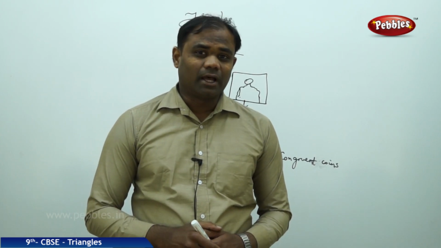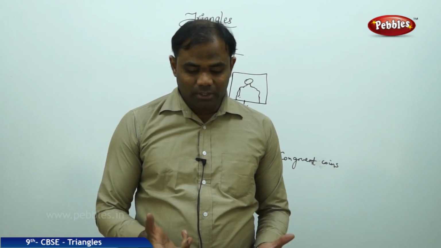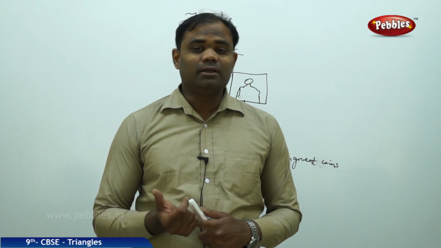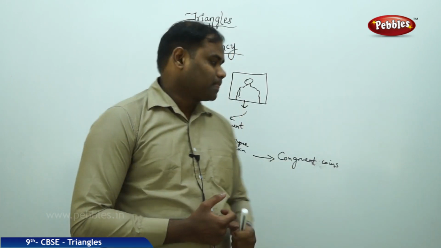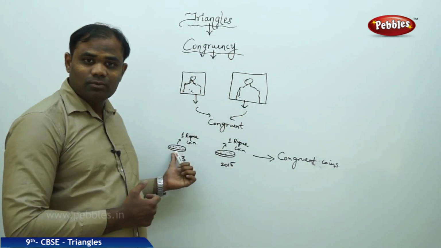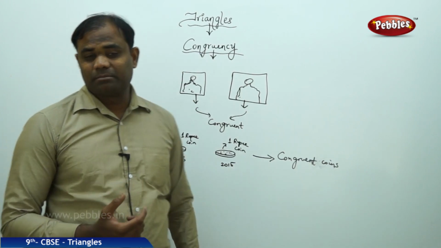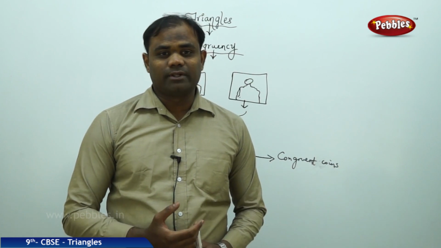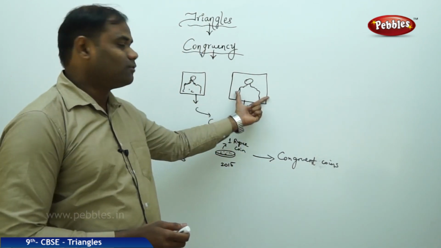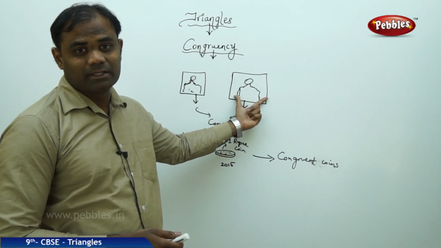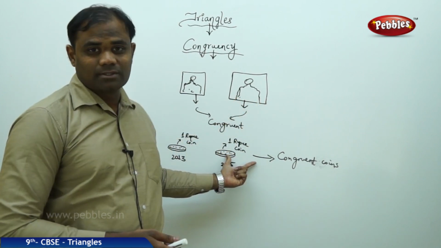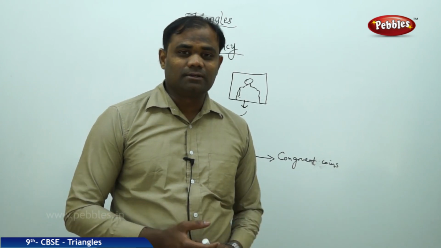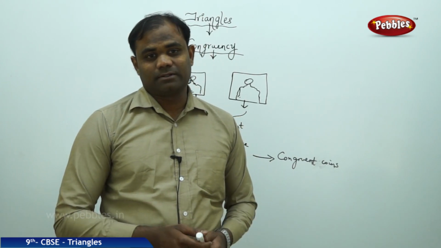So finally, I define congruency: two quantities are said to be congruent if they are equal in all respects. Equal in thickness, equal in size, equal in shape, and equal in quality is how we see congruency. Congruency of two pictures of mine clicked, congruency of two coins which are taken of different years. Congruency is equal in all respects.